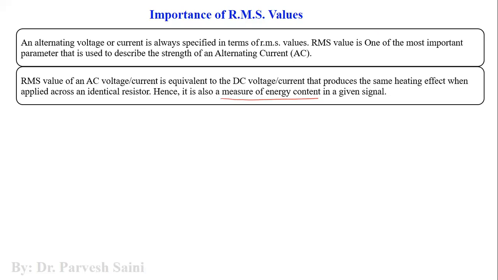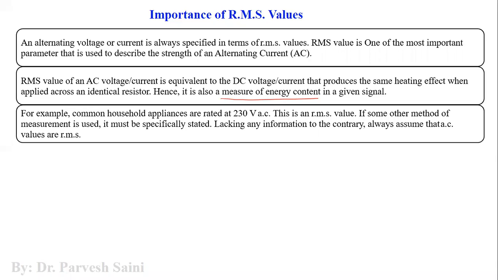Every signal may have an RMS value, right? Because in DC we have all the values the same, it is constant and unidirectional. Now, if we talk about the ratings of electrical appliances, if it is written 30 volt AC, it means it is the RMS value for that particular appliance, right?